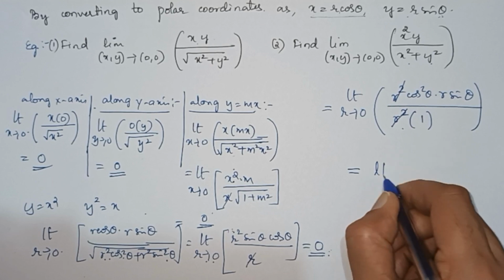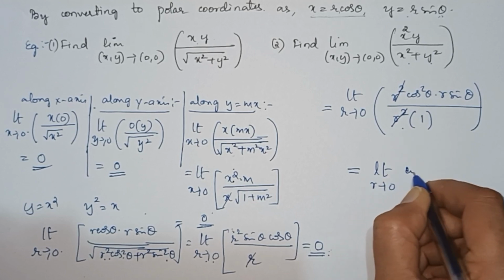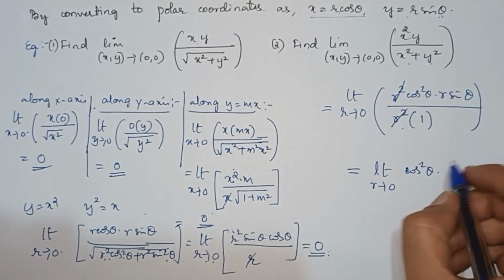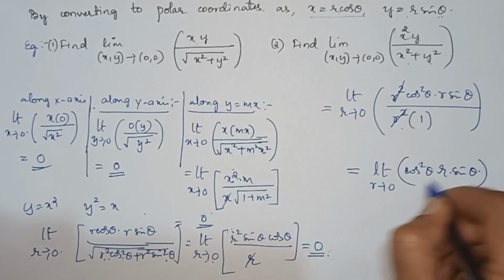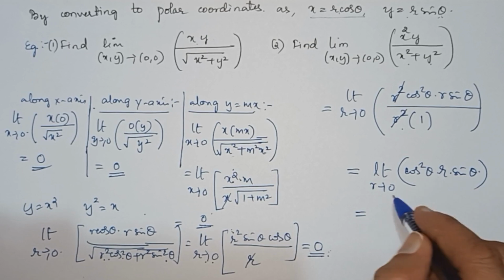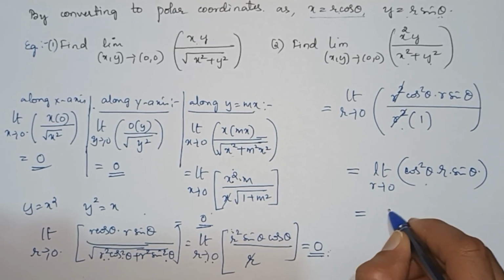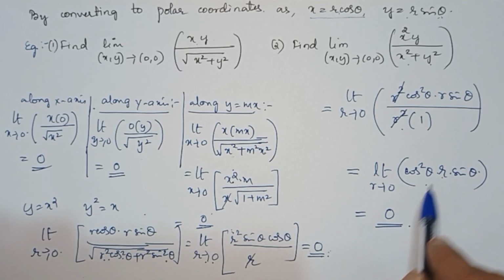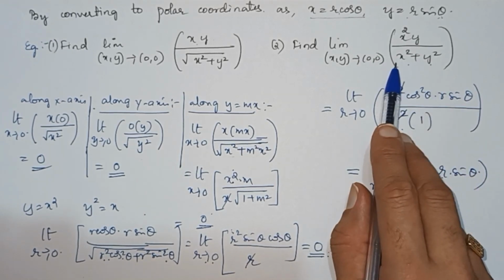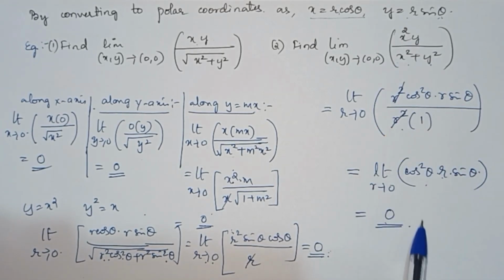The value is limit as r tends to 0, cos square theta into r into sin theta. So as r tends to 0, 0 into anything, this value is equal to 0. Here it is independent of theta, hence the limit exists and the value of the limit is equal to 0. This is with the help of polar coordinates.